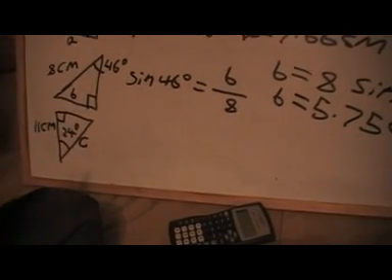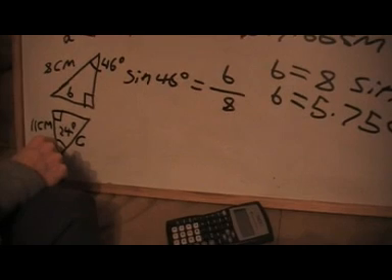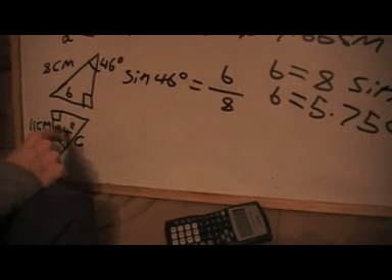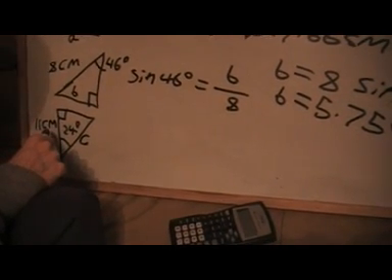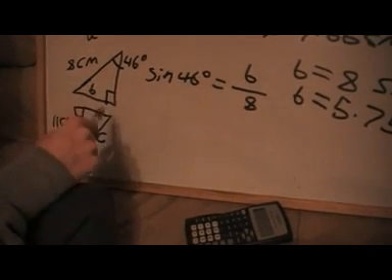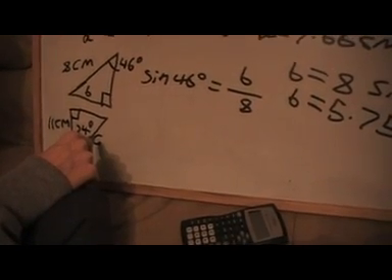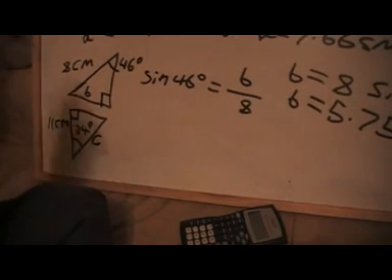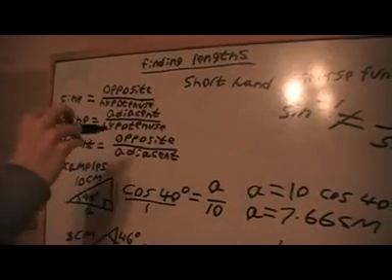So we're given this angle here as 24 degrees, and we're told that the adjacent to this angle is 11 centimeters, and we want to find the hypotenuse, which is C. So this problem, we know we want to find the hypotenuse, but we know the adjacent, so we're going to use the cosine.